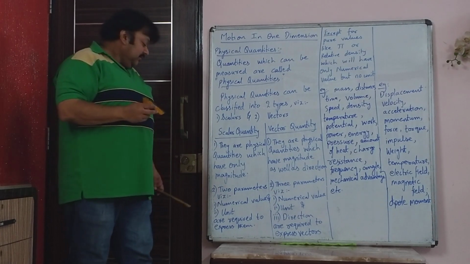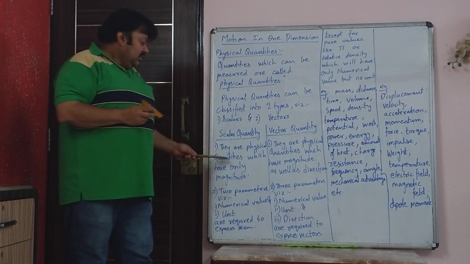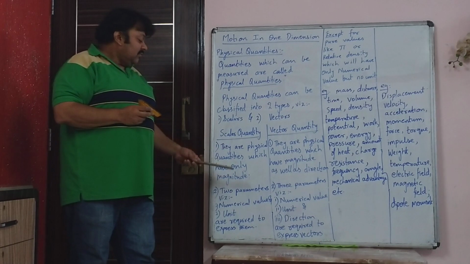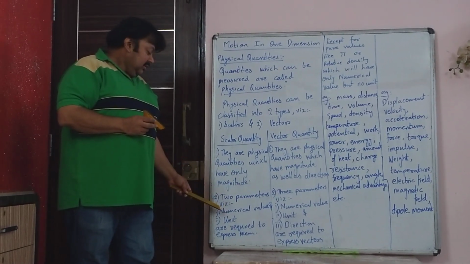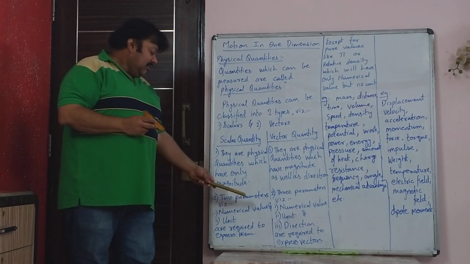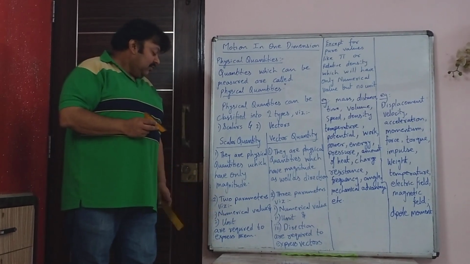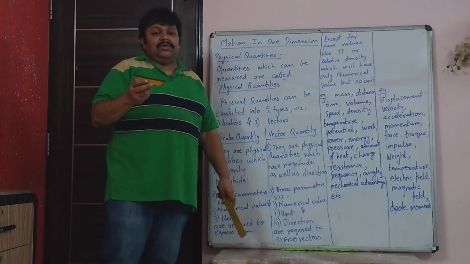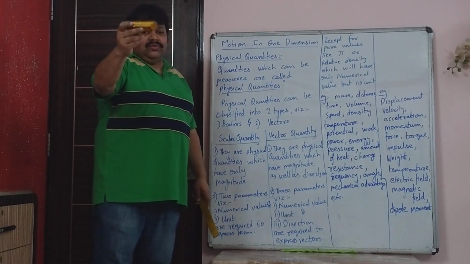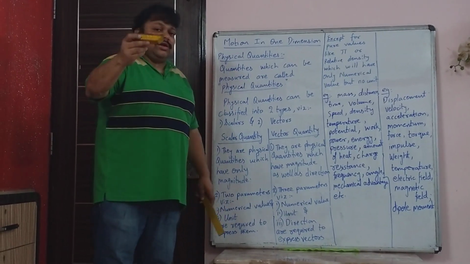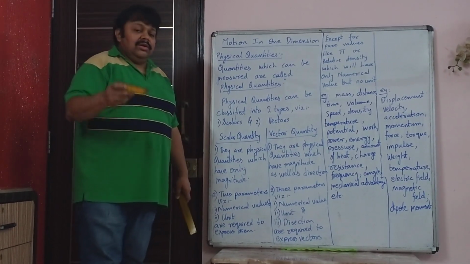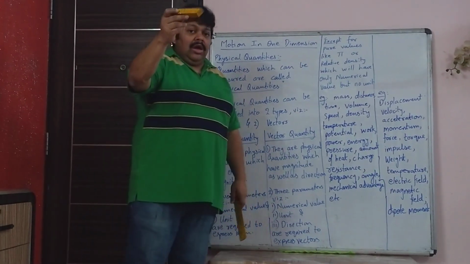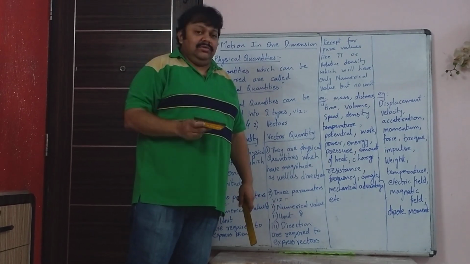So generally, scalar quantities have only magnitude, and two parameters, namely the numerical value and the unit, are required to express them. The numerical value is 50 and the unit is gram. Now the same duster, how much would be the weight of the duster?